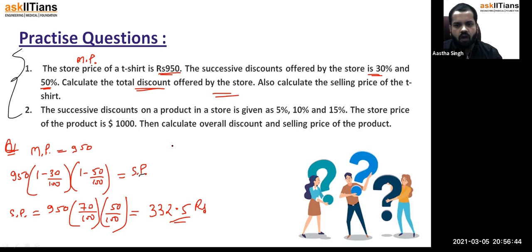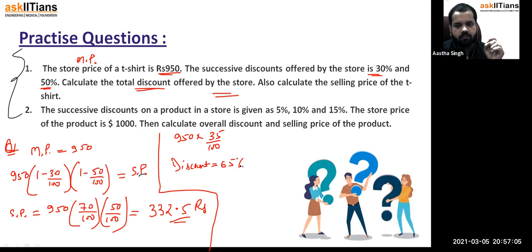So if you know how to use the formula, basically we have done 950 into 35 by 100. It means your final discount will be what? 65%. How? Just look at the formula. X plus y minus xy divided by 100.